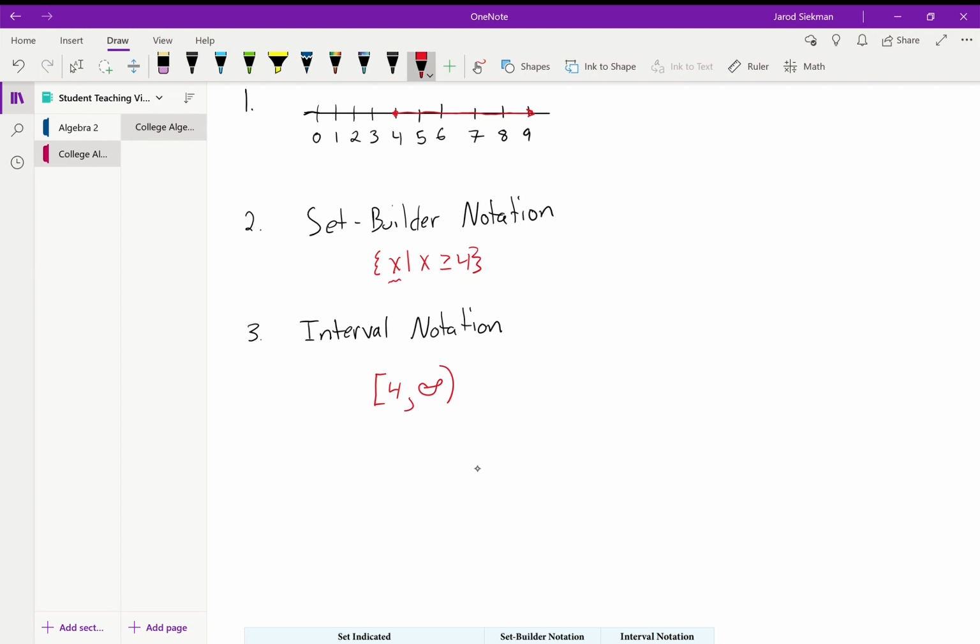This is because when we are including a number, so this is greater than or equal to 4, we use a bracket. When a number is not included, we use a parenthesis. So if it was just x is greater than 4, we wouldn't put them both in parentheses. And whenever we use infinity or negative infinity, we always use parentheses because there's no definite term of infinity.